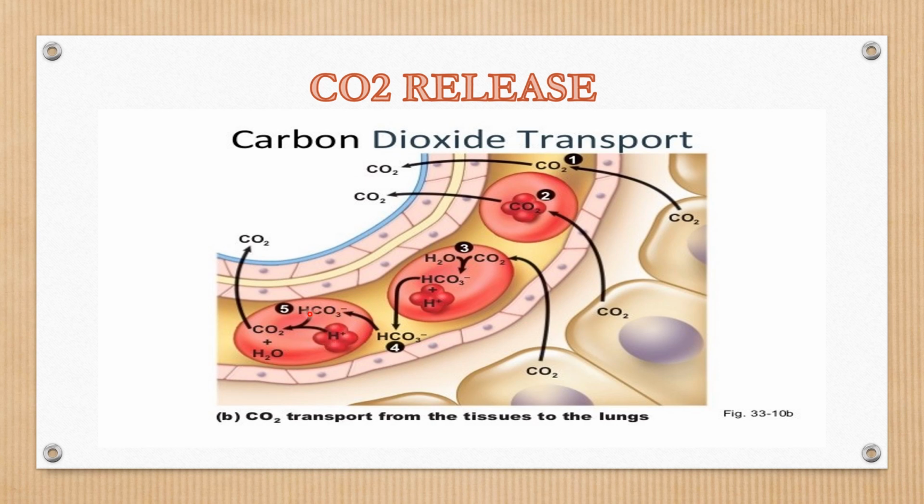Already at the tissue level, the chloride shift or Hamburger phenomenon has occurred, so in the RBCs there are chloride ions. Those chloride ions will return from the RBC into the plasma. This is called the reversal of chloride shift. So reversal of chloride shift occurs at the lung level and chloride shift occurs at the tissue level. Remember this point.